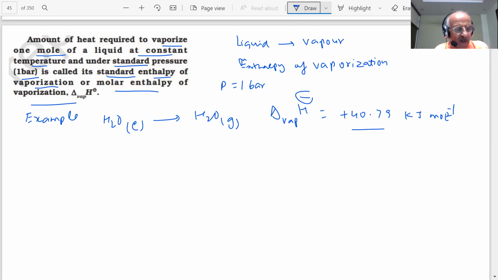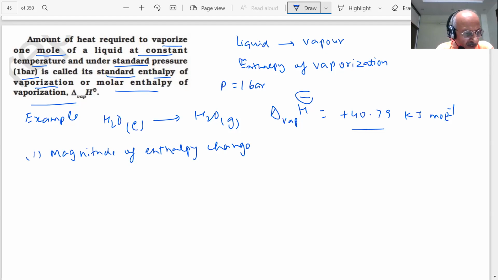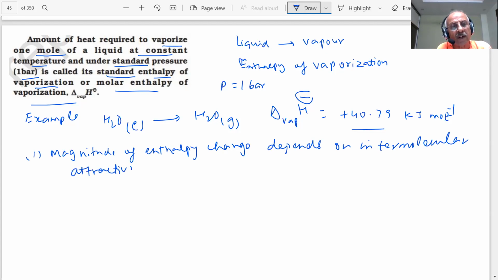I can say that the magnitude of enthalpy change depends on the strength of intermolecular attractive interactions, students, between the molecules.